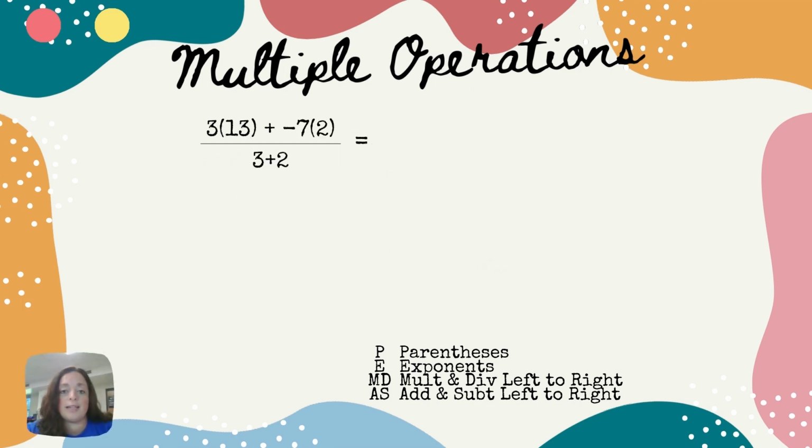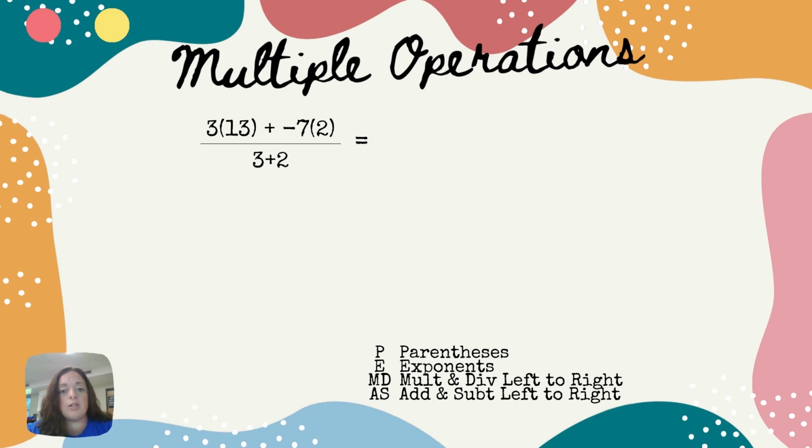Here's another example that has multiple operations. 3 times 13 plus negative 7 times 2, all over 3 plus 2. There's no parentheses that have math to do inside of them. Those parentheses there are just meaning multiplication. So there's no parentheses, there's no exponents, but there is multiplication.